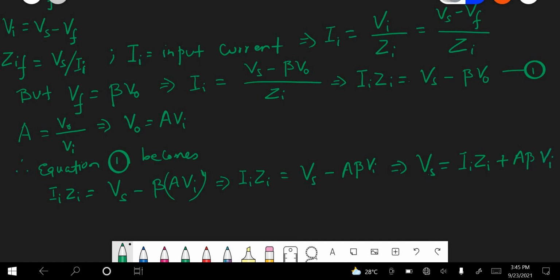Now what is Vi? Vi is equal to Ii into Zi.